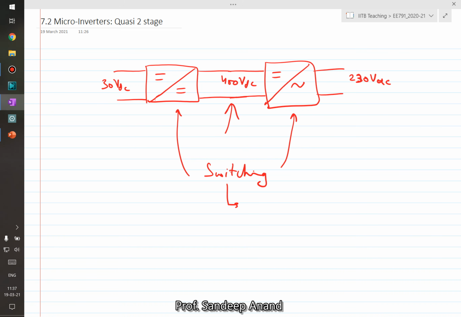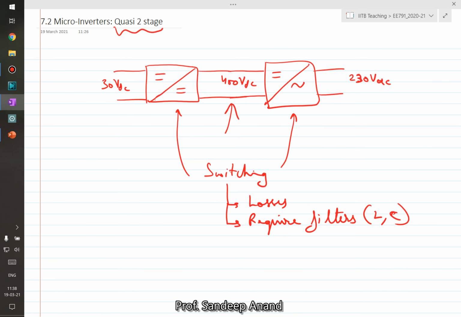Switching causes losses and also requires filters, either L or LC or LCL, so as to reduce the ripple component in the current. So if there is no switching, the losses may reduce, and the requirement of filter may also come down on that particular side. That is the basic idea behind this so-called quasi two-stage.